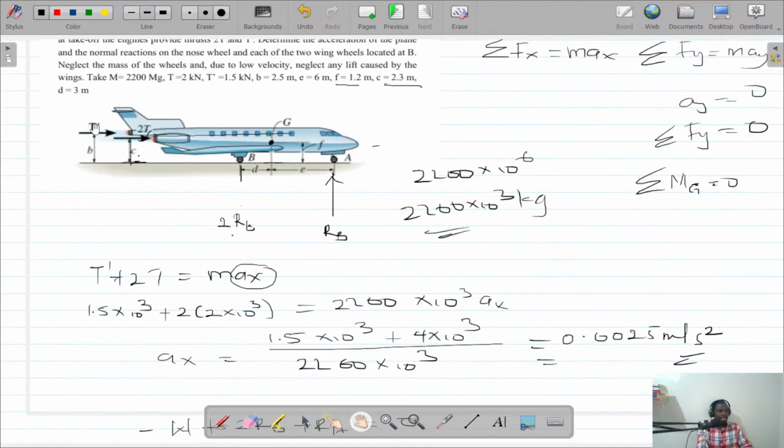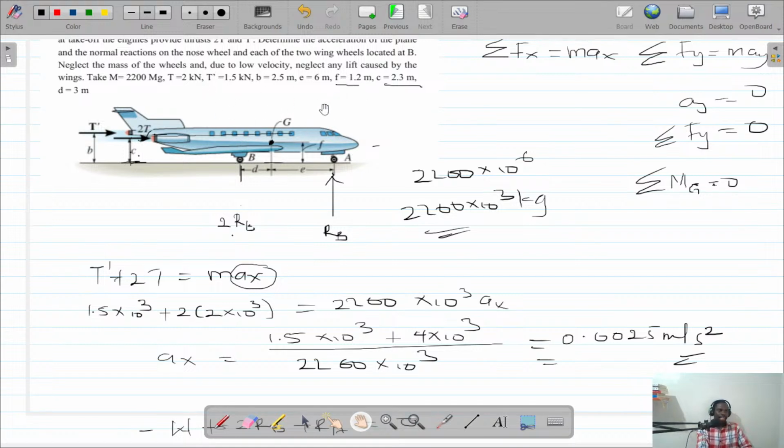And then the T prime to B. B is 2.5, F is 1.2. So once again you can see that T prime is also on top, so they are all going to be clockwise.